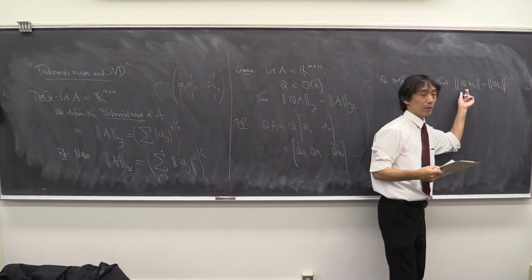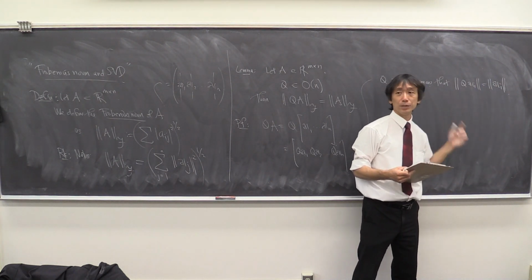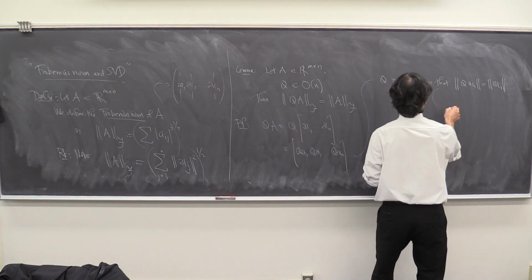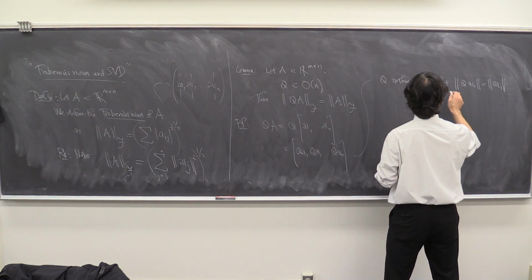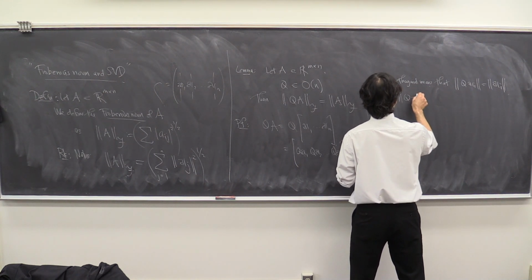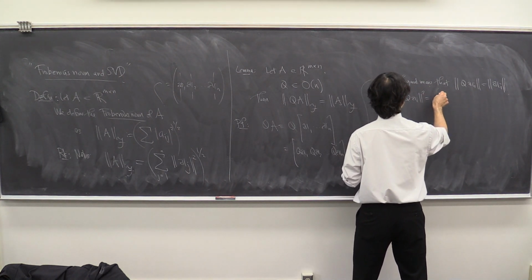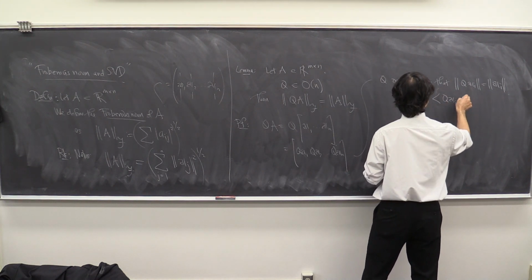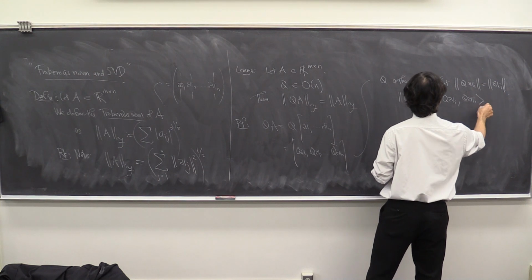When you apply an orthogonal matrix to a vector, it doesn't change the size of the vector. Do you remember why? The size of QAi squared is the inner product of QAi against QAi.